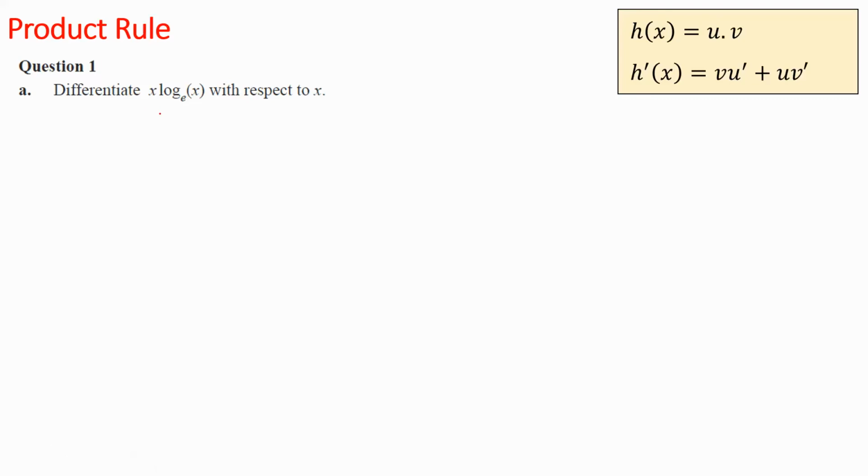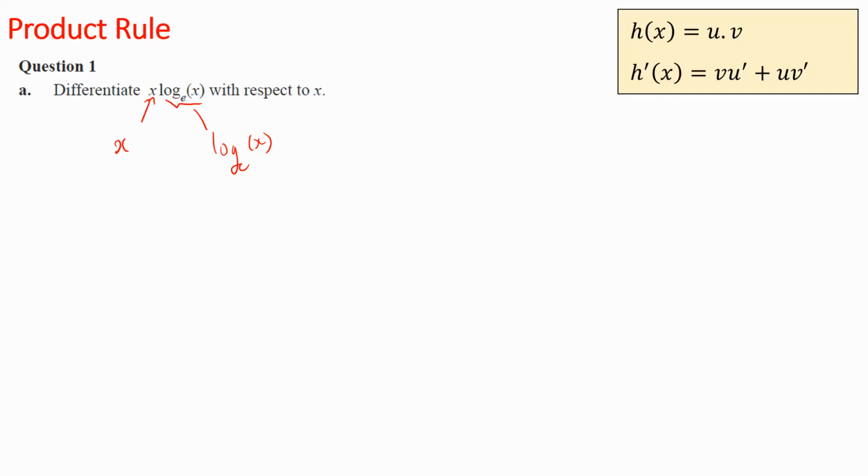And how do you know it's product? Again, you've got a linear function, x, multiplied to log e of x. They're two different functions, and they're multiplied to each other. Now, it could be a linear with a linear, but regardless, these are multiplied to each other. It's not a function within a function. Then you would have used chain rule. Now you're using product.